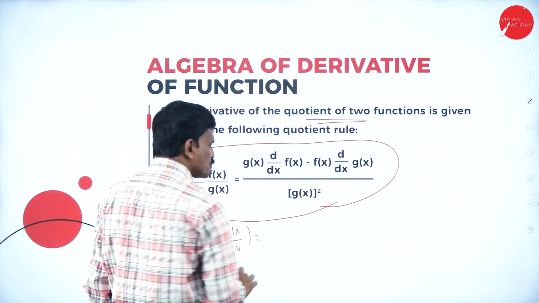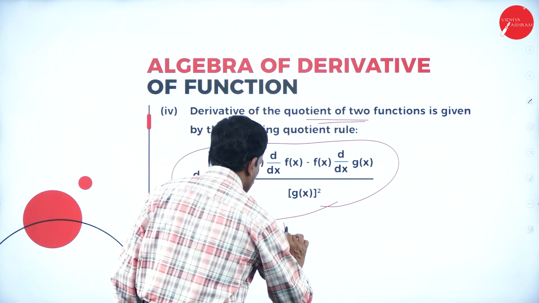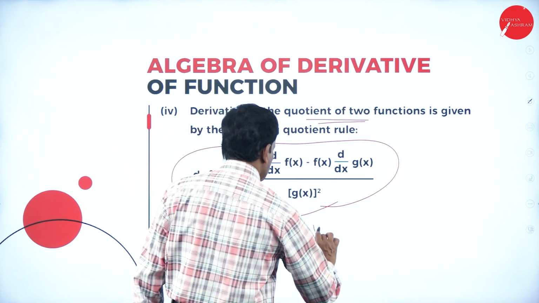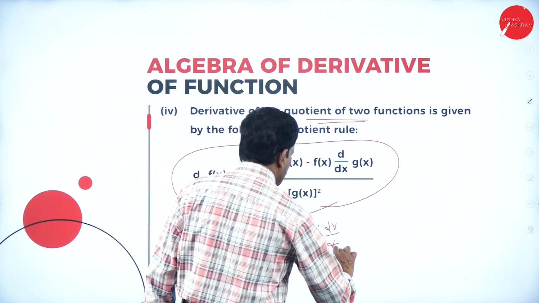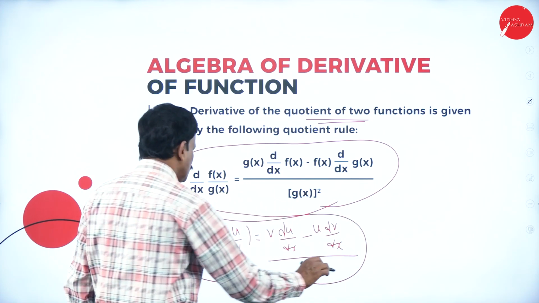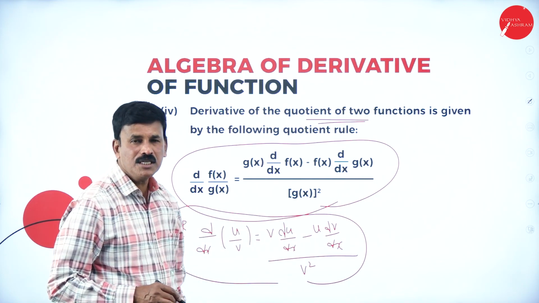Or we can also write it like this: d by dx of u by v, u divided by v. So, v, the denominator, into du by dx, the derivative of the numerator, minus the numerator u into dv by dx, divided by the denominator square. So, for u by v, it is v into du by dx minus u into dv by dx divided by v square.